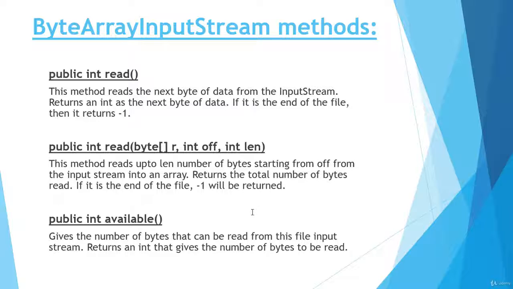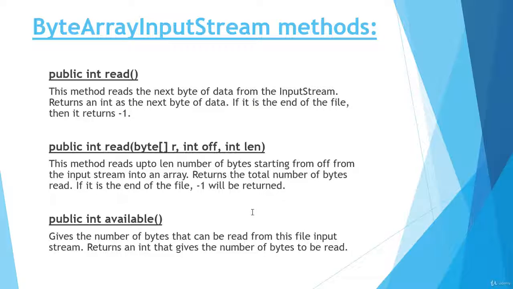So this is the overloaded version of the read method that helps us to read len number of bytes starting from the off, which we specify in the arguments when we call this function. This method returns the total number of bytes that are read, and if it is the end of file, then it simply returns -1.